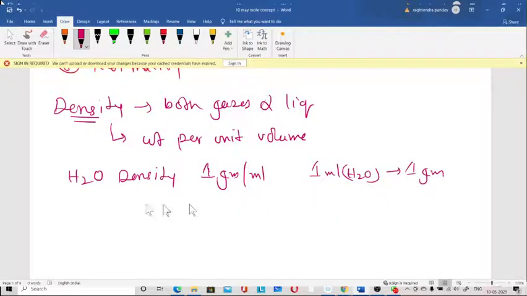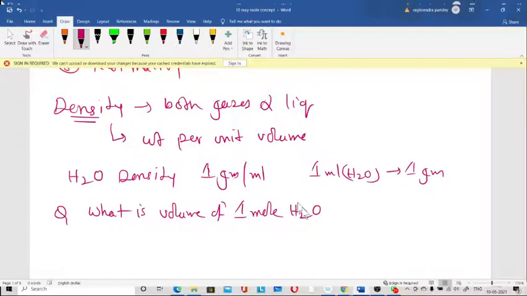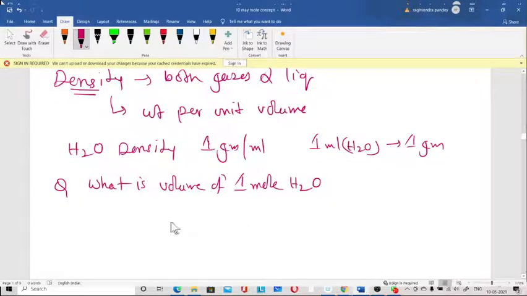If I ask you a simple question: what is the volume of 1 mole of water? The answer is 18 ml.